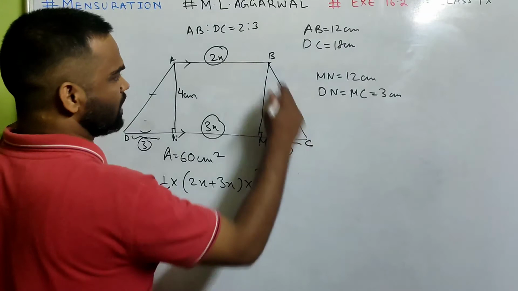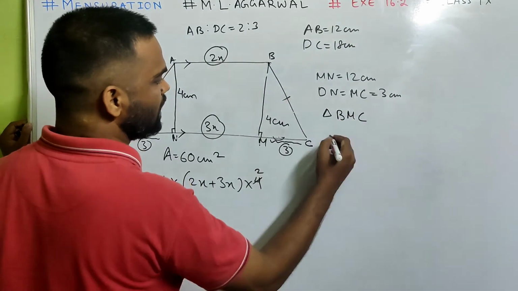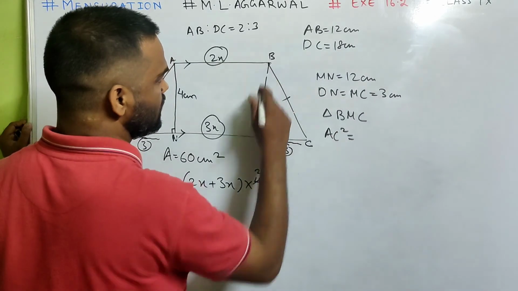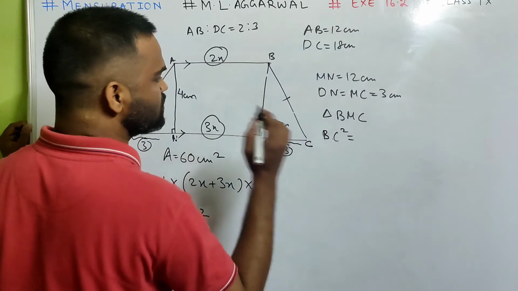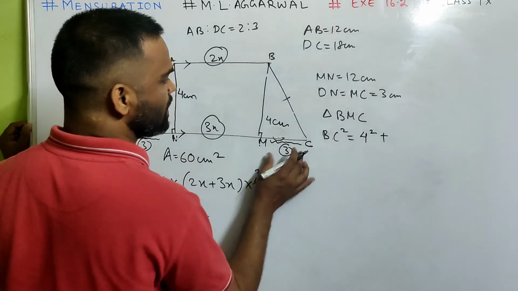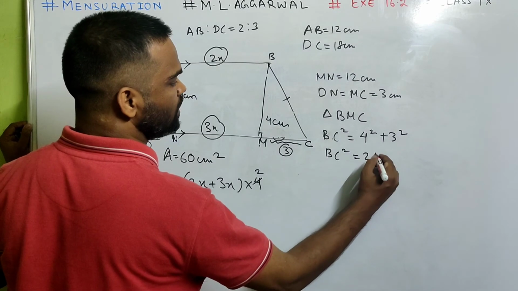Now look at this triangle BMC. In triangle BMC, Pythagoras theorem. BC square is BM square, which is 4 square, plus MC square, which is 3 square. So BC square is 16 plus 9, 25.